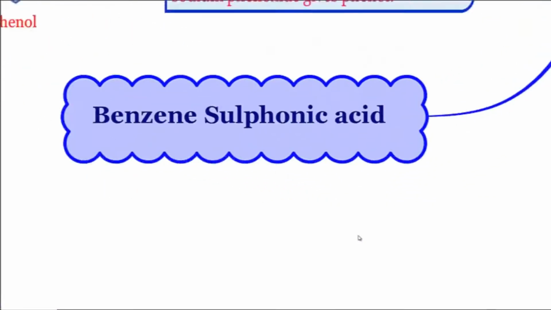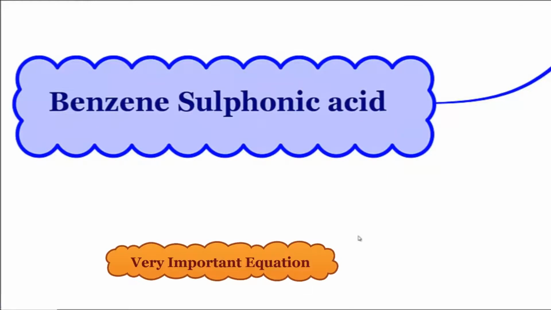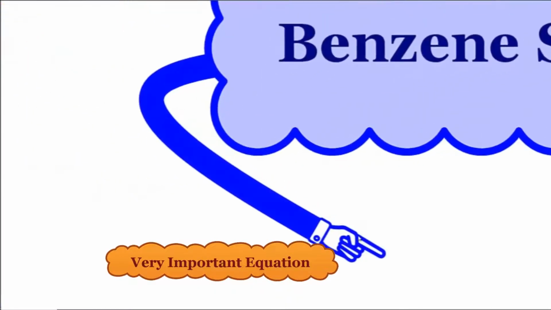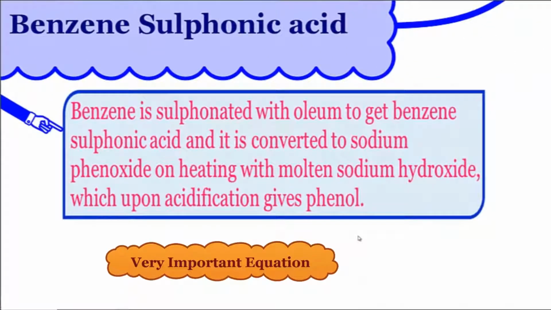Now let's look into the second method of preparation of phenol, starting from benzene sulfonic acid. Here the first step will be to obtain benzene sulfonic acid from benzene by the process of sulfonation, and furthermore we need to treat it with sodium hydroxide in the molten state, so that we will be able to obtain sodium phenate, which upon acidification will yield us phenol.